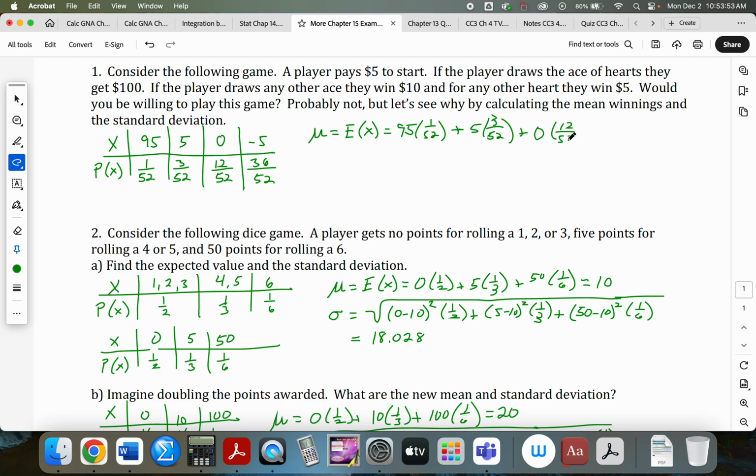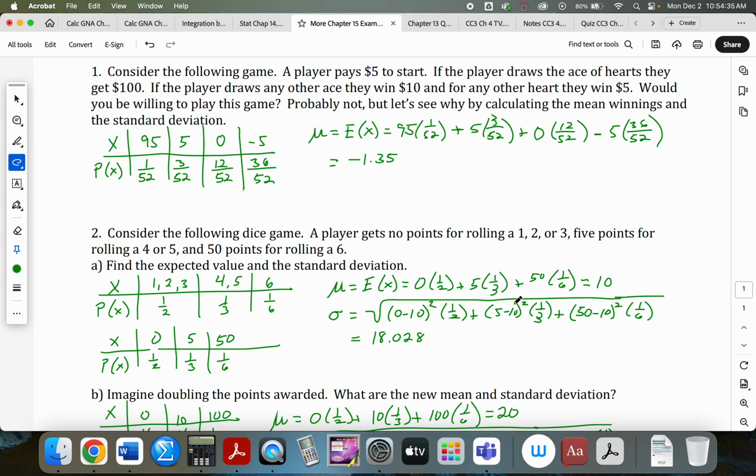No, you don't have to write that, but I always do for completeness. Minus 5 times 36 out of 52. This comes out to be negative 1.35. You lose money more often than you gain money on this. So that's the average amount of money you make. The average amount of money that you make is negative 1.35.